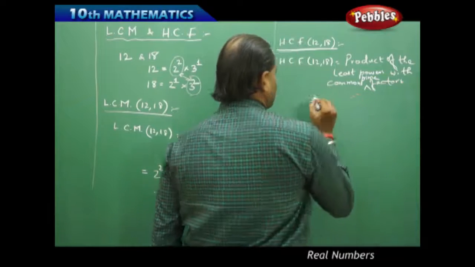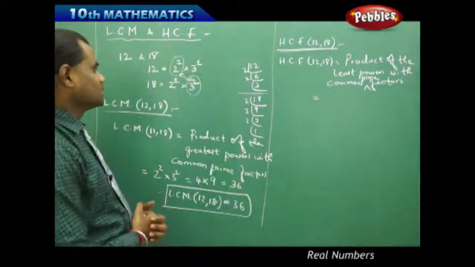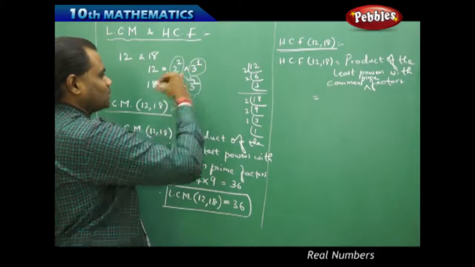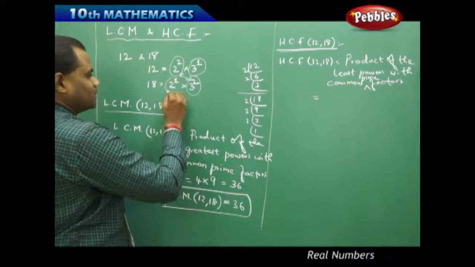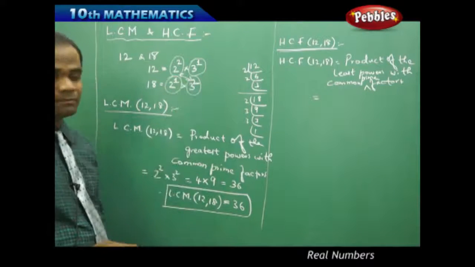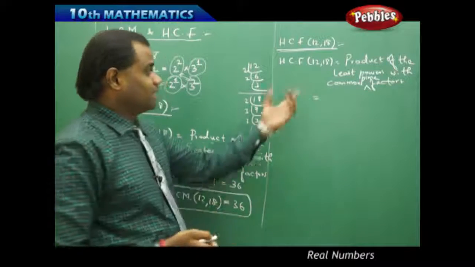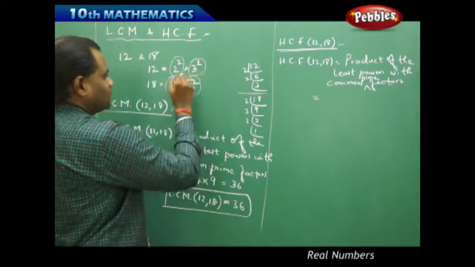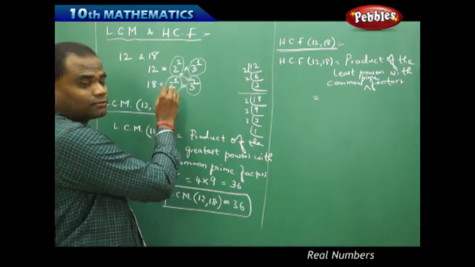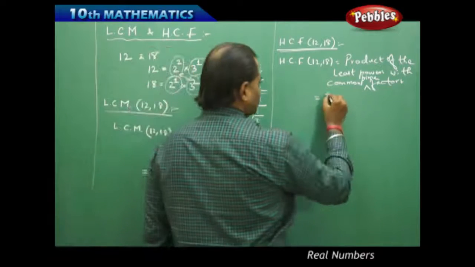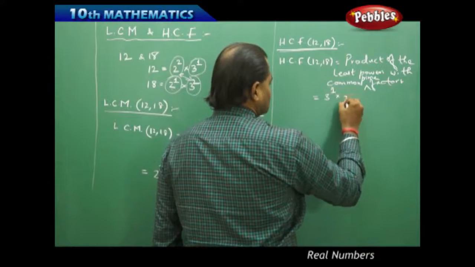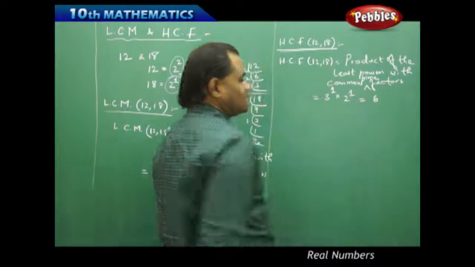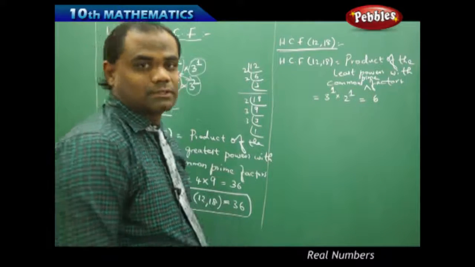When I identify the least powers, I clearly see that the least power in the case of 12 is 3 power 1 and the least power in the case of 18 is 2 power 1. Therefore, to find the HCF of 12 and 18, I take the product of the least powers, 3 power 1 times 2 power 1, and this gives me 3 times 2, which is 6.